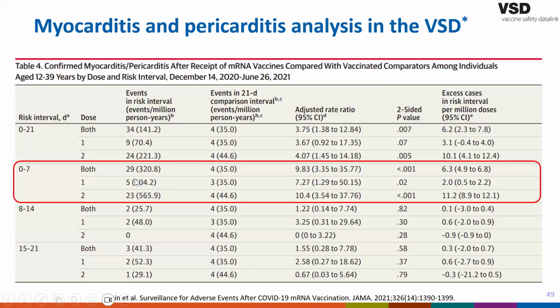But then after the VAERS signal came out, and this is how the systems are meant to complement each other, VAERS generates a hypothesis, and then with the VSD, we can test it. And clearly there was a large increased risk of myocarditis in the 7 days following this, primarily the second dose, in adolescent and young adult males.